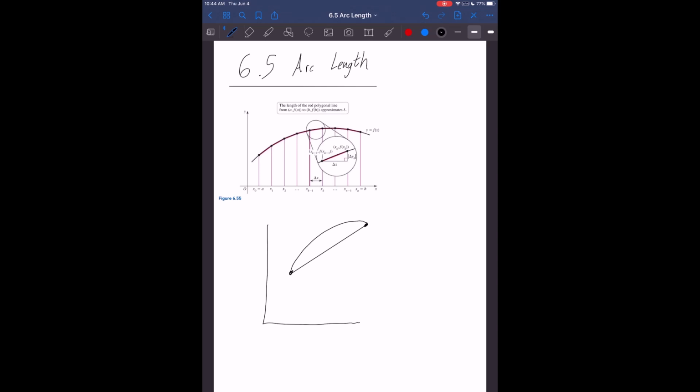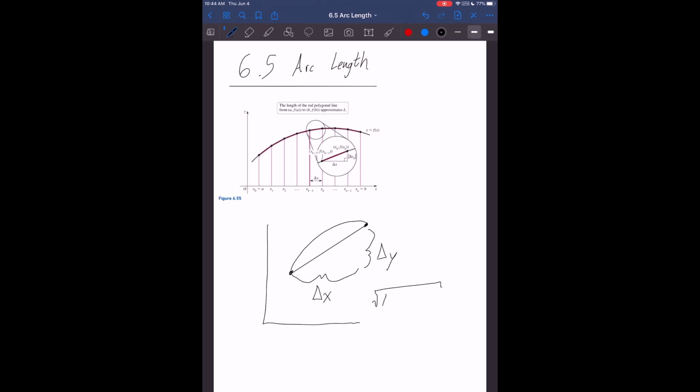Right, the nice thing about using straight lines is that we have formulas for figuring out the length of a straight line. So in particular, we're going to call this delta x. In general, delta, which is just that triangle symbol, just means a change, right? So this is going to be the change in the x value, and this is going to be our change in the y value.